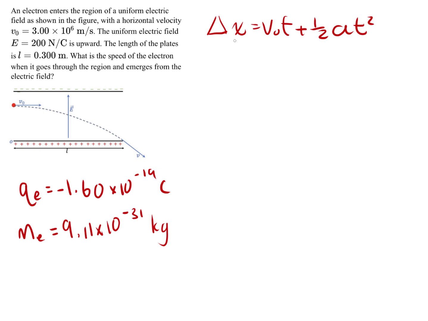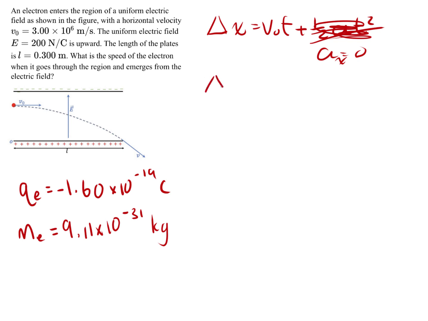So for this, let's focus on the x component. It originally has a horizontal velocity, so we're going to be looking at the horizontal velocity when it initially enters. There is going to be no acceleration in the horizontal direction because the electric field is vertical and it's not pulling on it from any angle. So we can ignore this whole side of the equation.